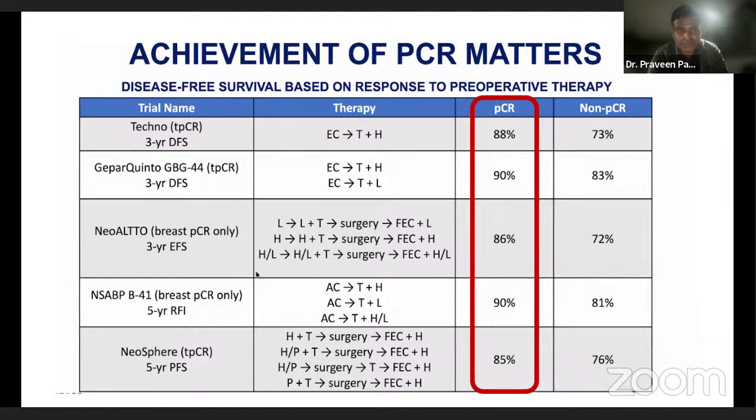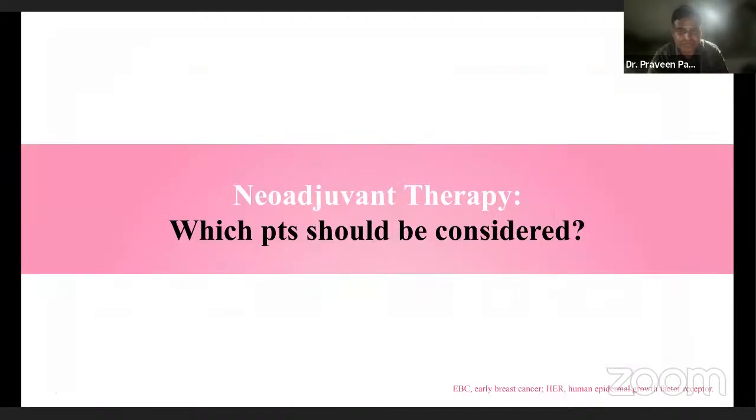All these studies have tested the neoadjuvant strategy in breast cancer: the TECHNO trial, GeparQuattro, NOAH trial, NeoALTTO, which included trastuzumab plus lapatinib, and NSABP B-41 and NeoSphere, which included trastuzumab plus pertuzumab. But we can see from all these randomized controlled trials that the patients who got the pCR are doing about 10 to 15% better than the patients who did not get the pCR.